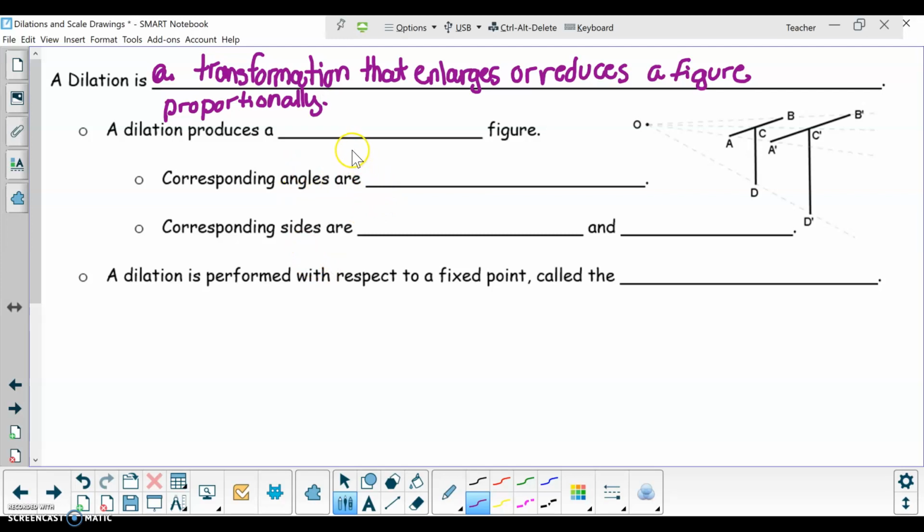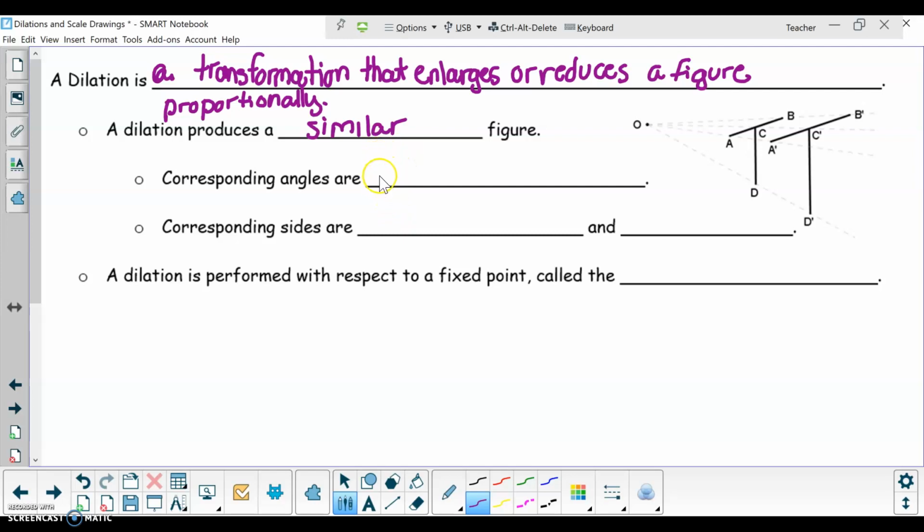Okay, so since it enlarges, makes it bigger, or reduces, makes it smaller, proportionally, a dilation produces a similar figure. Okay, so that's why this is still part of our unit on similarity.